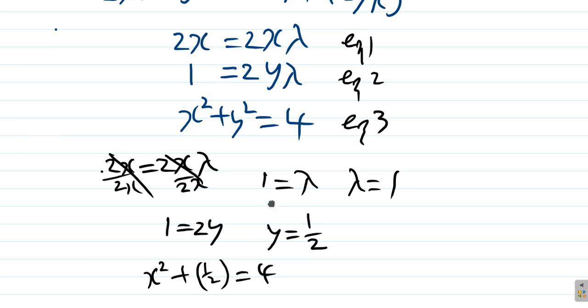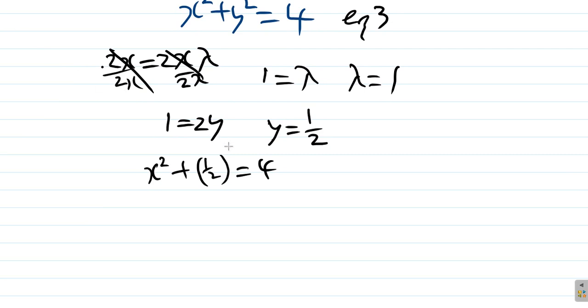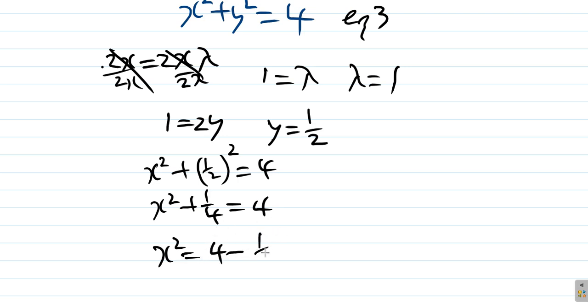Alright, so here, half squared. This would be x squared plus a quarter is equal to 4. If we subtract a quarter from both sides, we'd have x squared is equal to 4 minus a quarter, which is what? 4 over 1 minus 1 over 4.